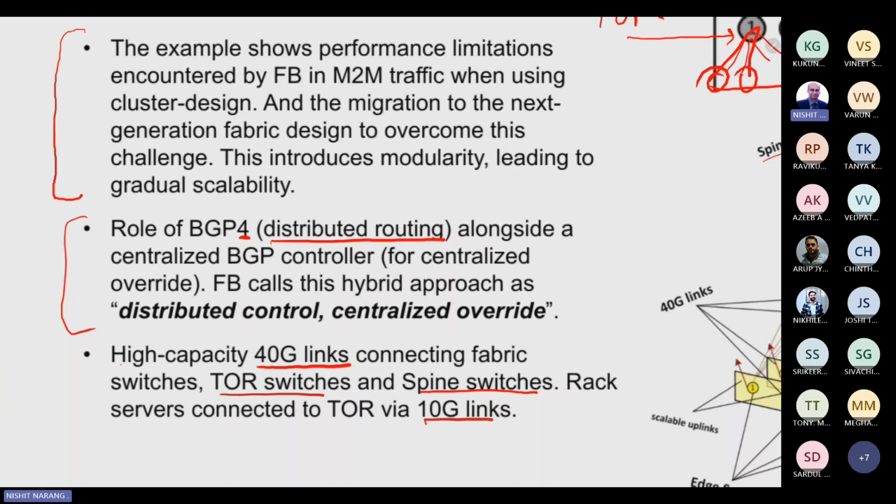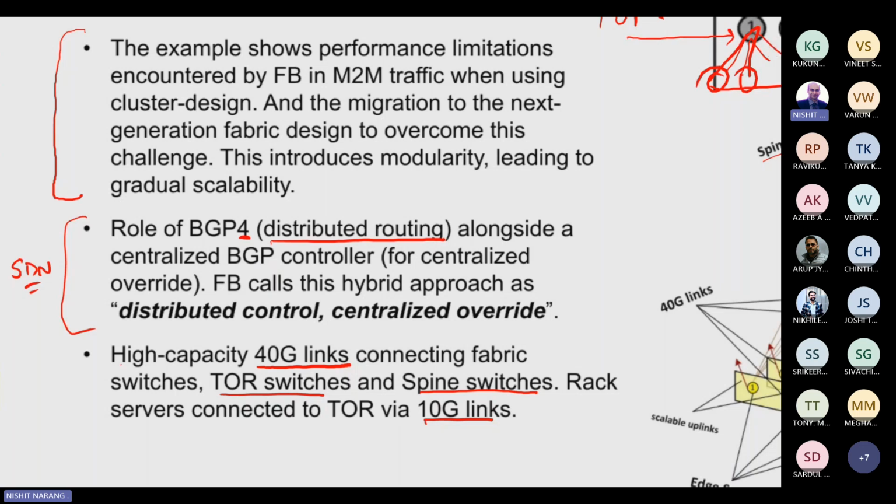How should you pick a routing protocol for the data center network? But Facebook uses BGP, which is a distributed routing protocol. Remember, we also talked about the benefits of software-defined networking in a data center. So what they've done is used a hybrid control plane.